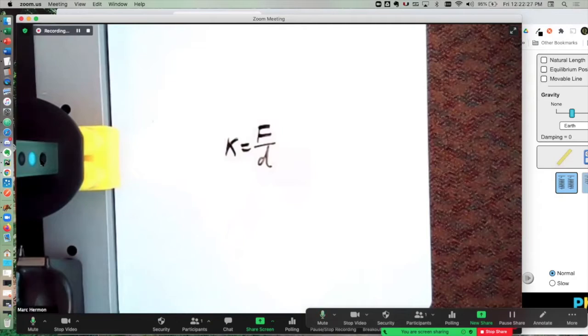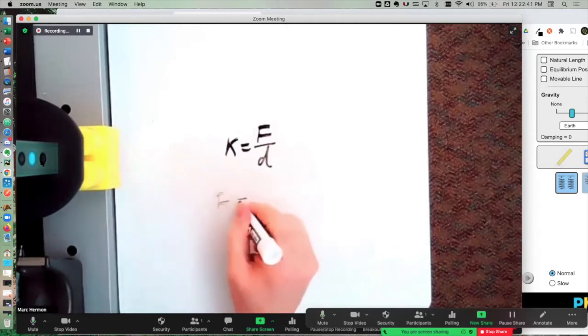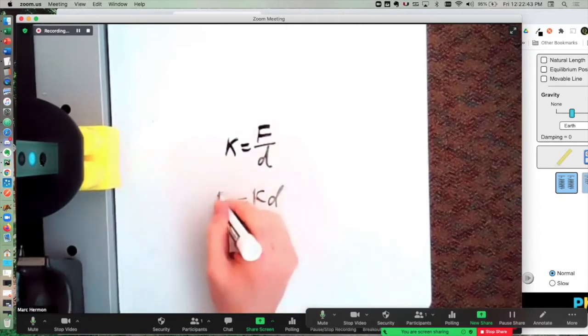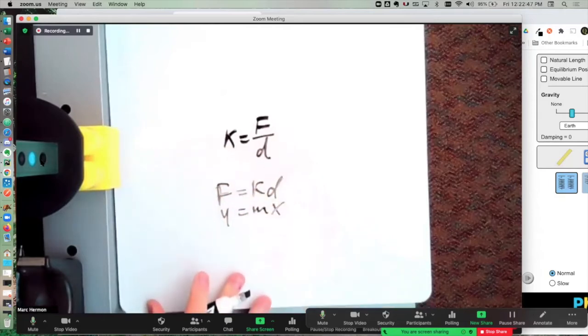I can graph force and D, and I graph force on which axis? Y, and I put D on the x-axis because it's going to be a straight line, right? F equals KD, that is a Y equals MX, right? Everybody agree with that?